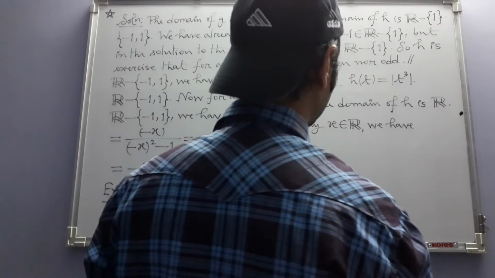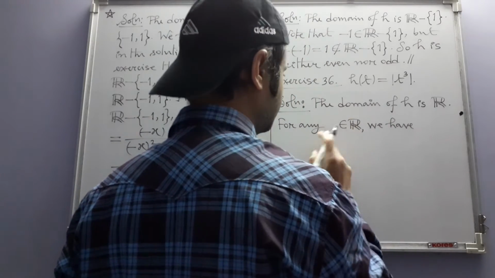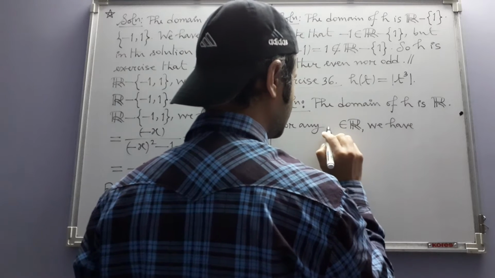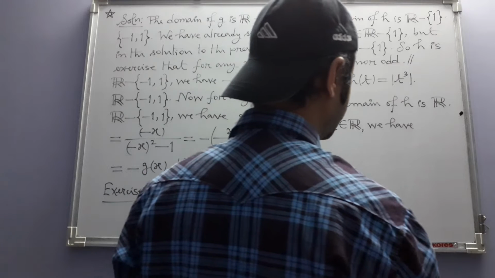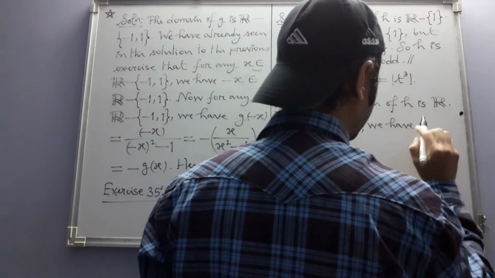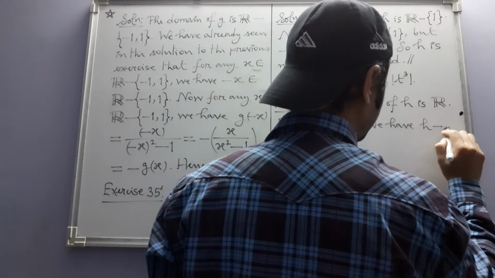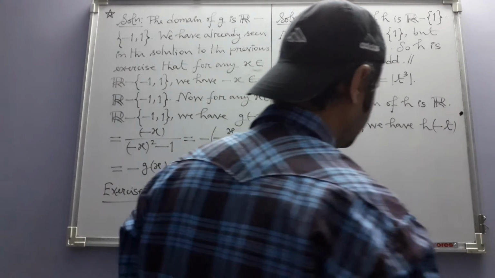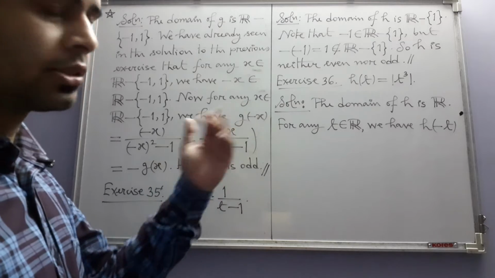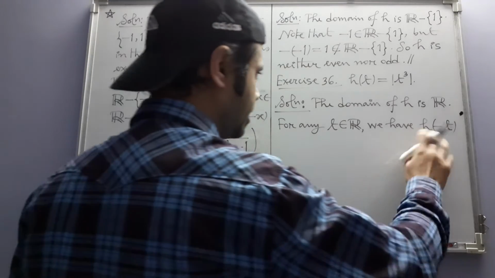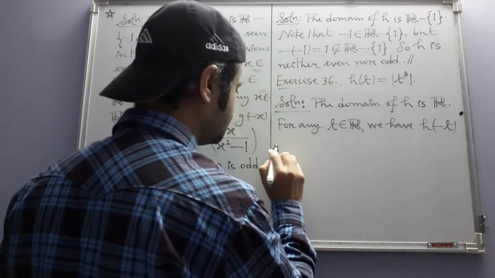It does not matter if we take x also, but just for the sake of beauty, let us take t. We have h of minus t. Since we already know that for every real number t, minus t is also a real number, we are not mentioning that part. We are directly calculating h of minus t.